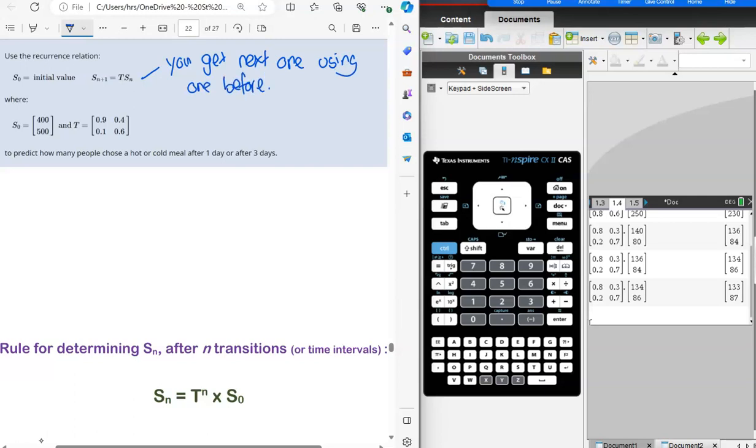Okay, so let's go and do that. It says after 1 and 3 days, so we've got to do this again. So S1 is going to equal the transition times the one before. The one that comes before S1 would be S0. So you're going to pop that into your calculator again.